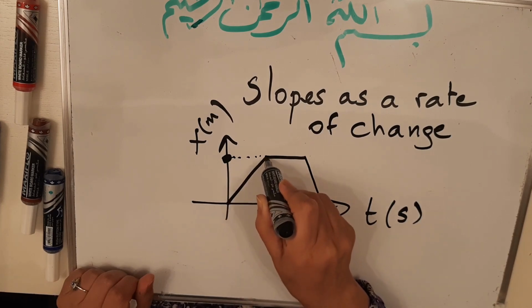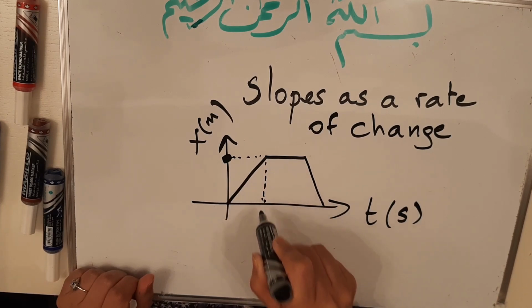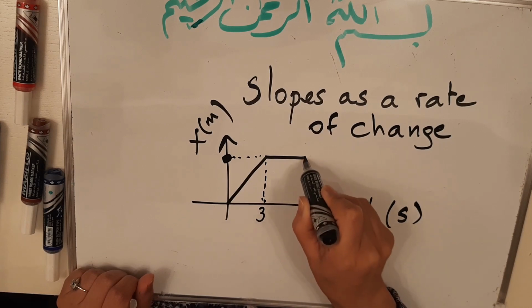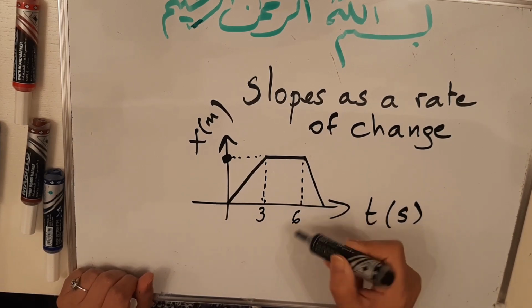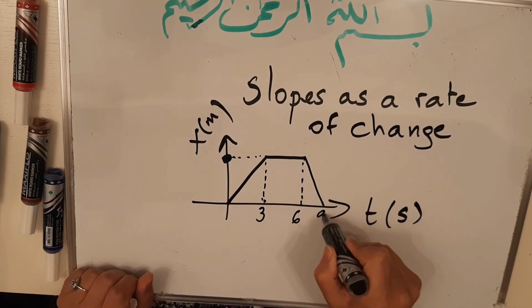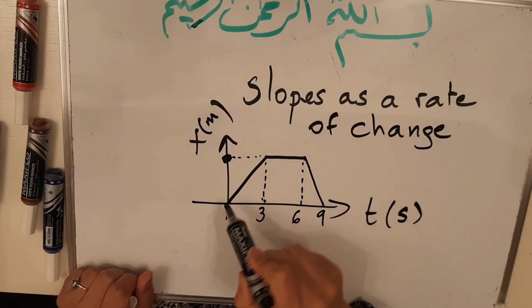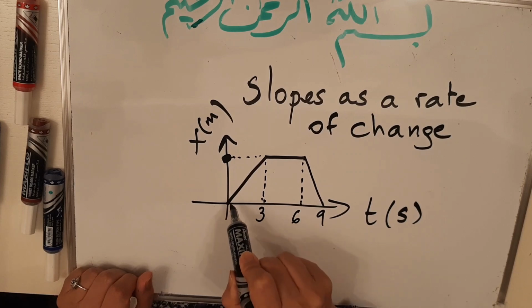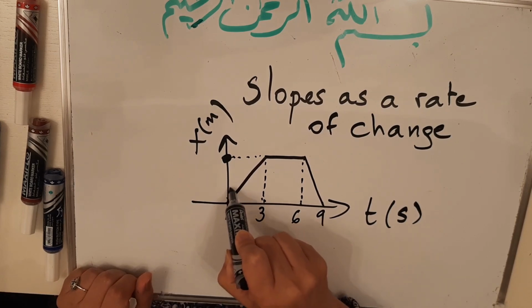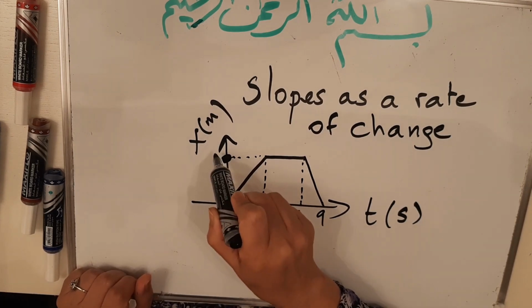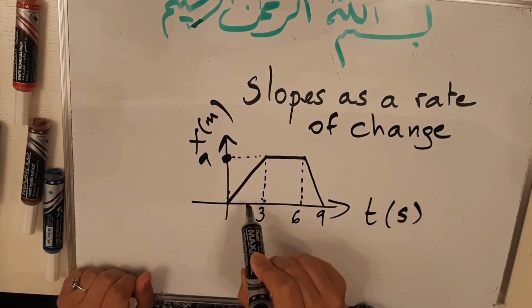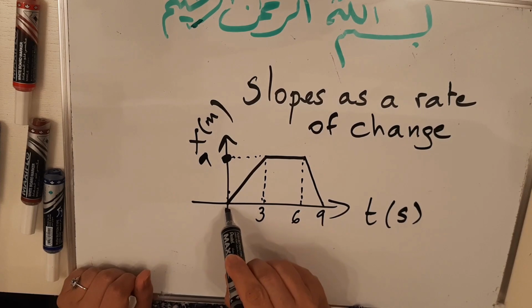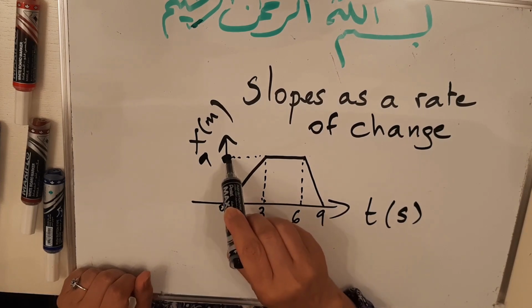And let's say it did this for 3 seconds, and here I had 6, and then here I have maybe 9. So my object started to move up until, let's say, 9 meters. So it started moving from 0 to 9 in this direction.